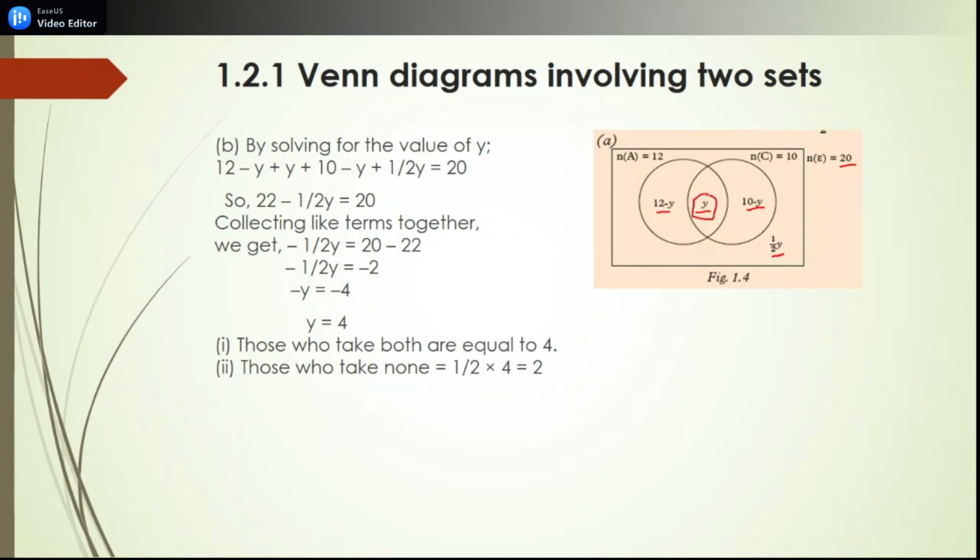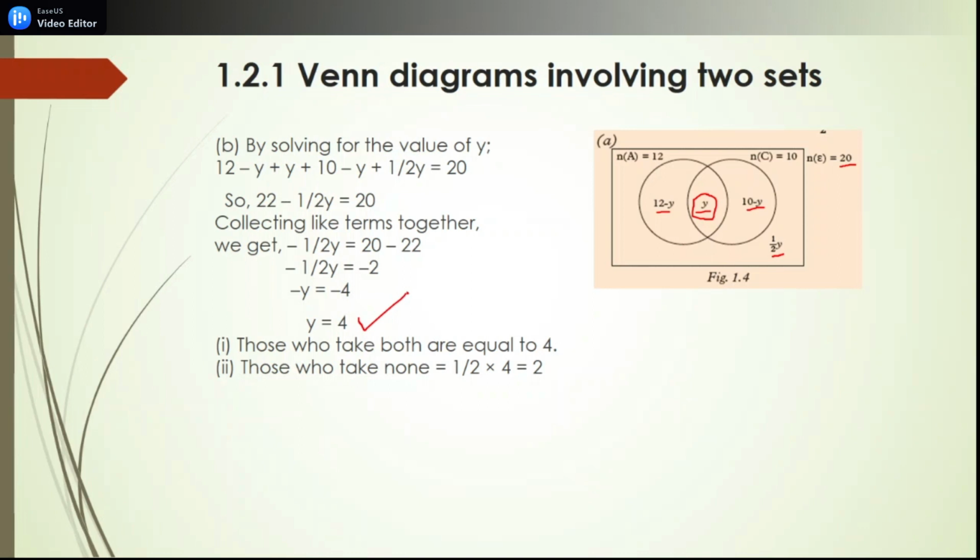It is a half of y. When you add all those elements, which is equal to the number in the universe, we find the value of y, the value of students who take both. By solving this equation, we find the value of y, which is equal to 4.